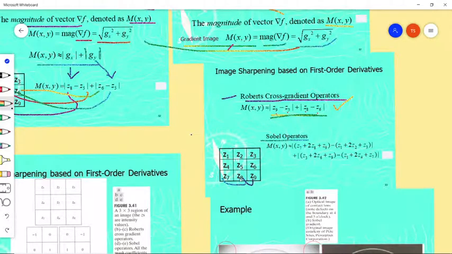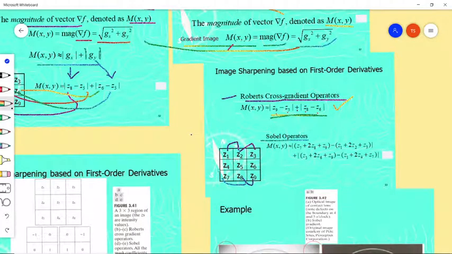The center one is multiplied with 2. Minus means the last row is subtracted by the first row, Z1 in the same way, Z1 plus 2Z2 plus Z3. This is added.